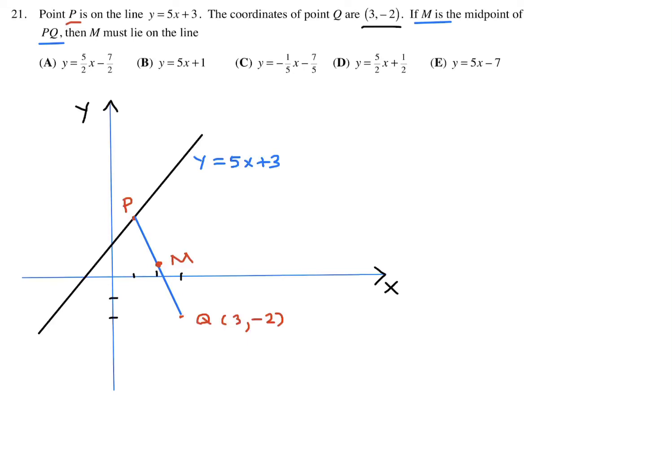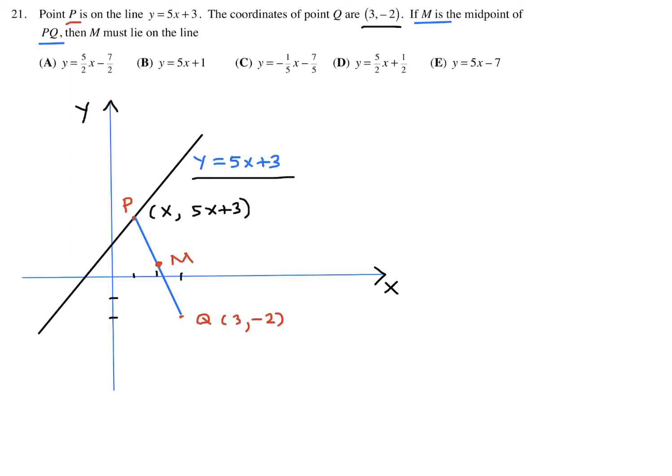Hope you understand it. So the coordinates of P we don't know, right? But because P is on this line, its coordinates will have the form x, 5x plus 3, because the coordinates are normally x, y, but y is equal to 5x plus 3. And that's pretty much all we have. So if M is the midpoint right there, we can figure out approximately what M looks like using our midpoint formula.